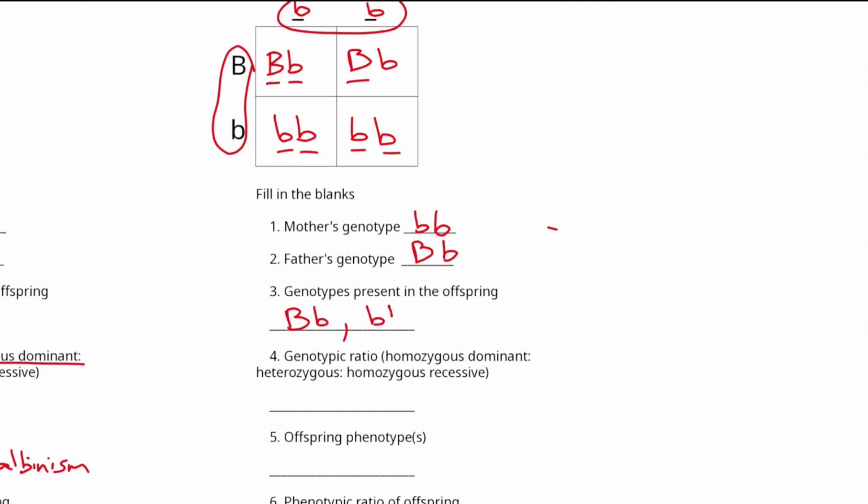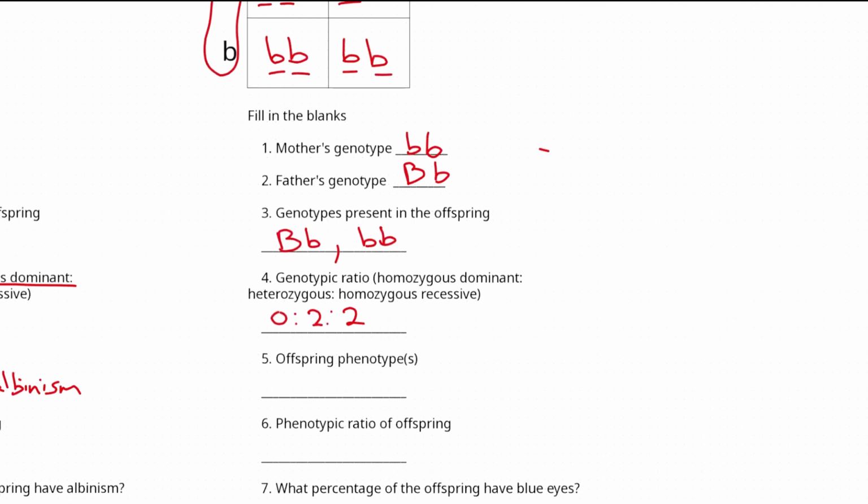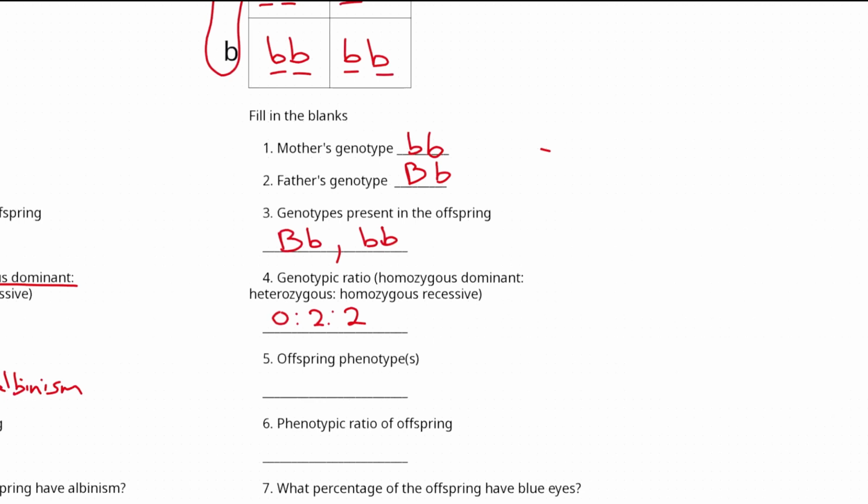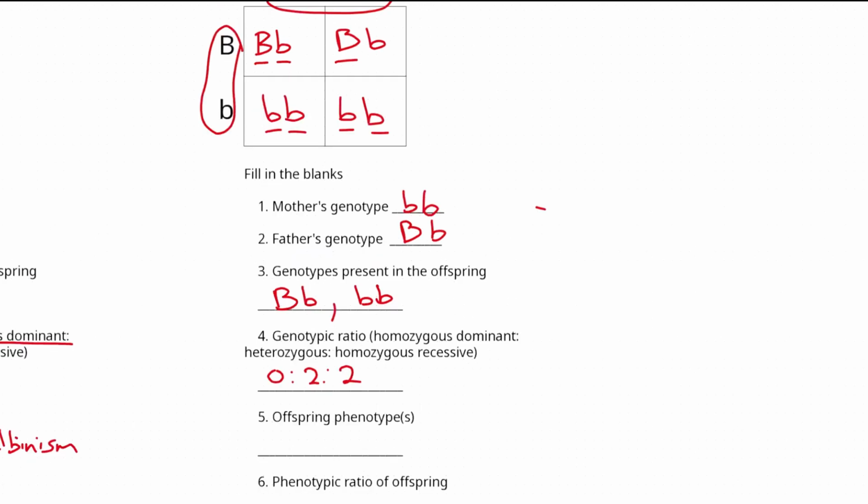The genotypic ratio, we have 0 homozygous dominant, 2 heterozygous, and 2 homozygous recessive. The offspring's phenotype. So if we look at our Punnett square again, the heterozygous ones will have brown eyes.